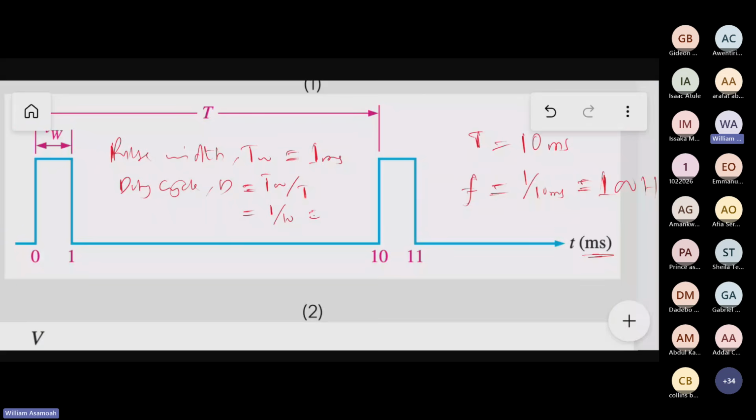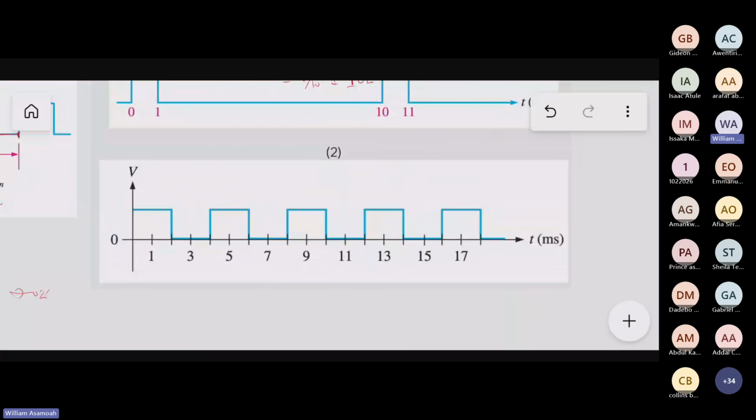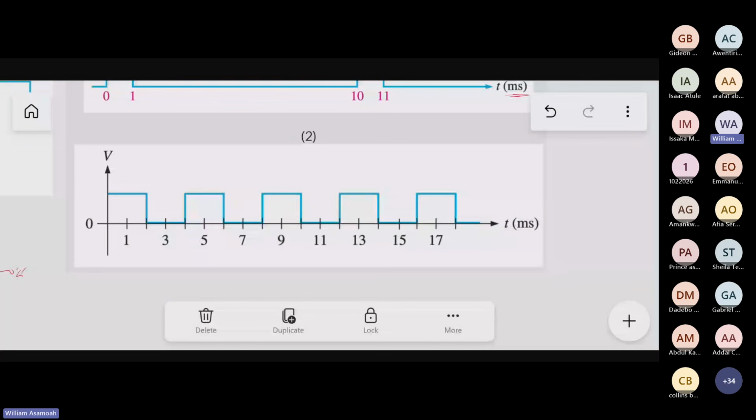You express it as a percentage, so 10%. Let's try for waveform 2. What is the period T?